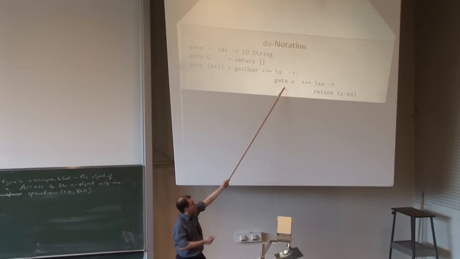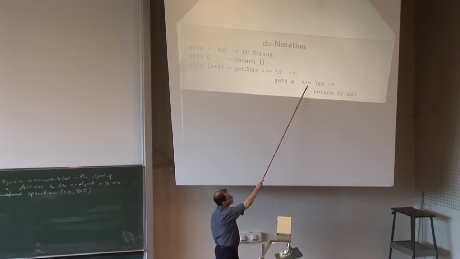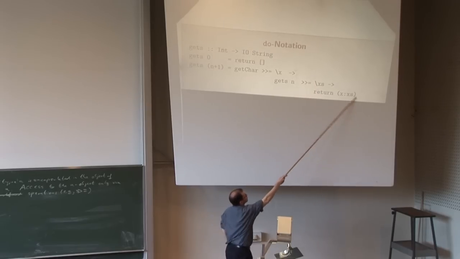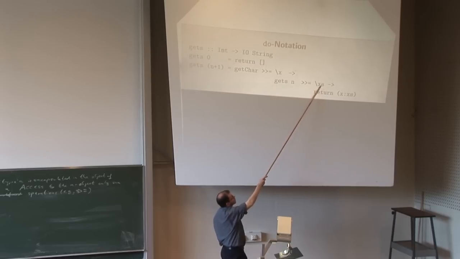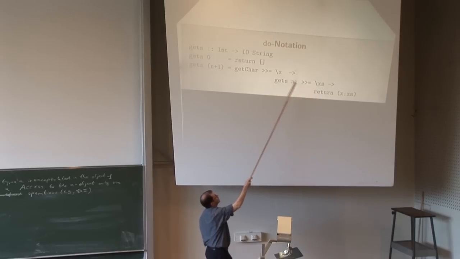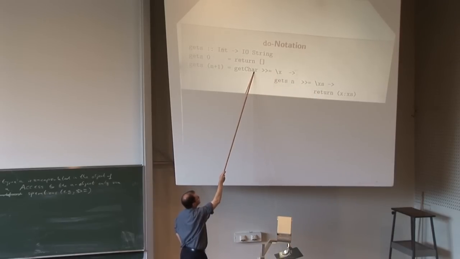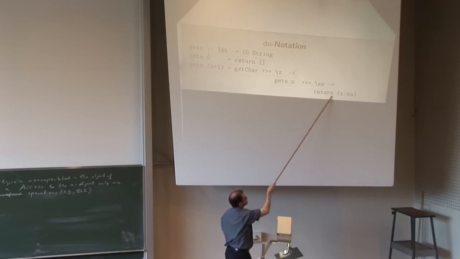And to get this string out, we again use this bind operation. And so this return thing over here is again an action of type I/O string, but it depends on the values that were read before. So we take out the string that was read here, this is this xs, and we take out the x that was read in the first step, and we put them all together, and this is the final result.